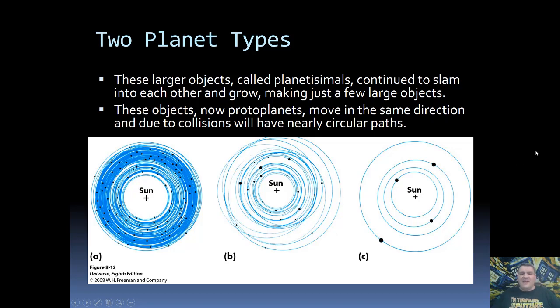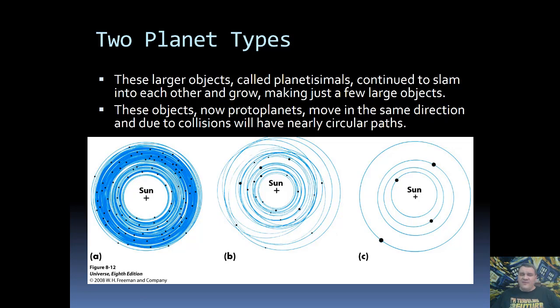Now, there were so many, and they're all pulling on each other through gravity, so they did not have any stable orbits, which means they're going to continue to slam together, growing larger and larger. Over time, these will continue to accrete until we have a few dozen of what we refer to as protoplanets. These are objects that are closer in size to modern-day Mercury or the Moon or possibly even Mars.